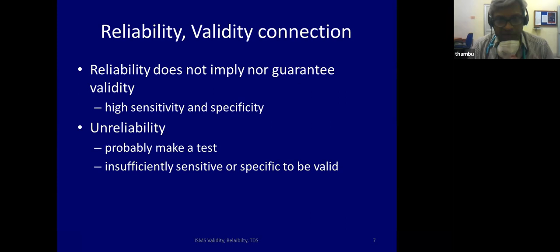So generally, don't equate a highly reliable test with being highly valid. But if you know the test is not very reliable, it is unlikely, though we can't say it will not be, that it will be sensitive or specific. Sensitive and specific are the words used in validity.